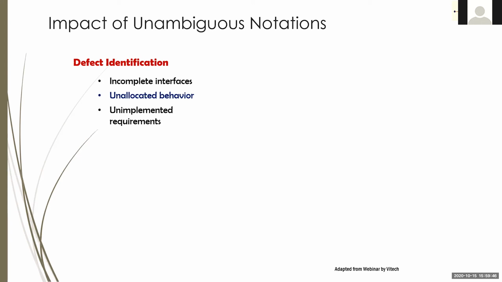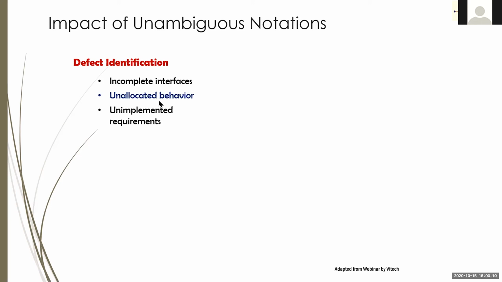So if we now have well-defined syntax and semantics, and we have a tool that helps us to run the model, the tool can help us identify incomplete interfaces. So if we have components that are connected to no one, then we know that we are missing some of those. We may have certain behavior that has not been allocated.